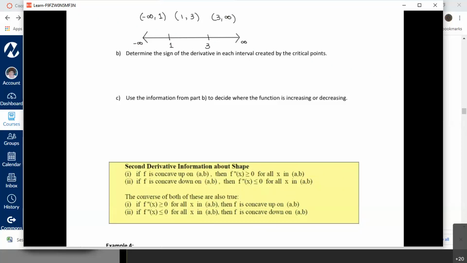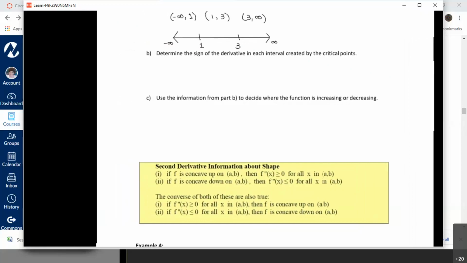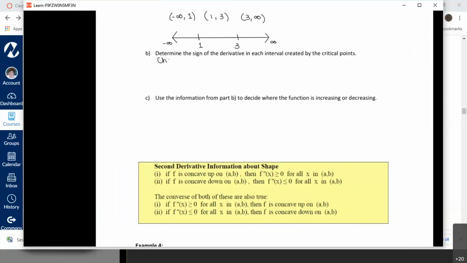And then what you want to do is pick a test point in each interval. This isn't an art form or anything. The only thing I can suggest is when you have an interval like negative infinity to 1, pick 0 in that interval.